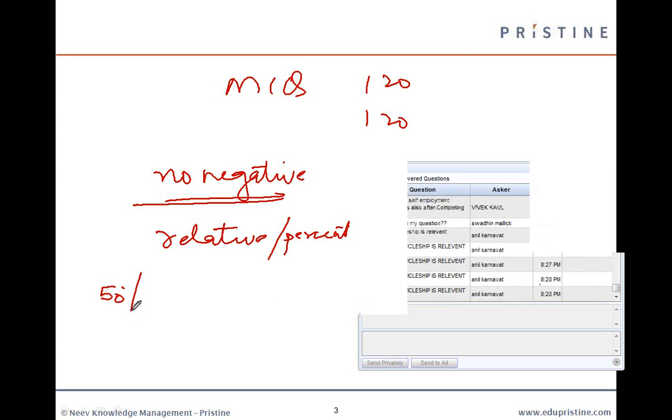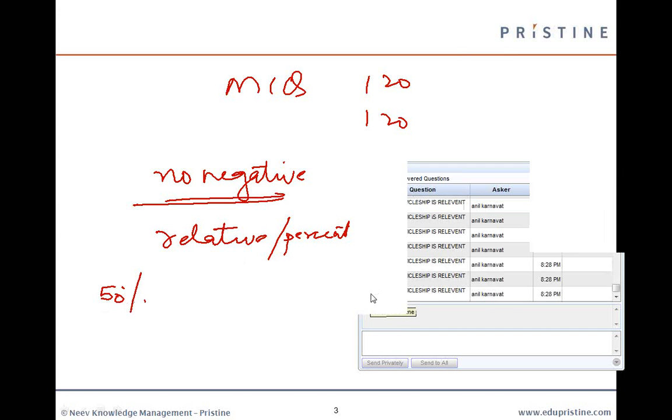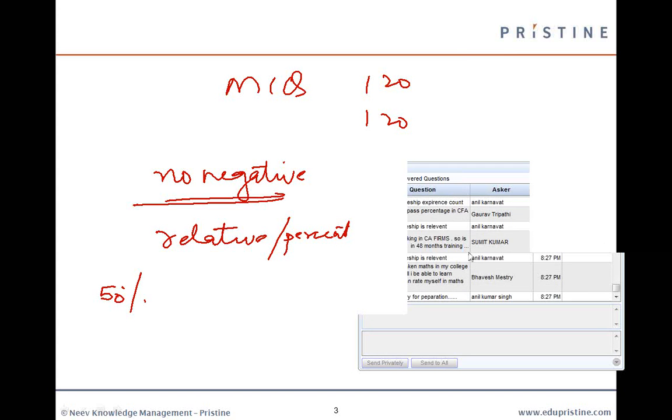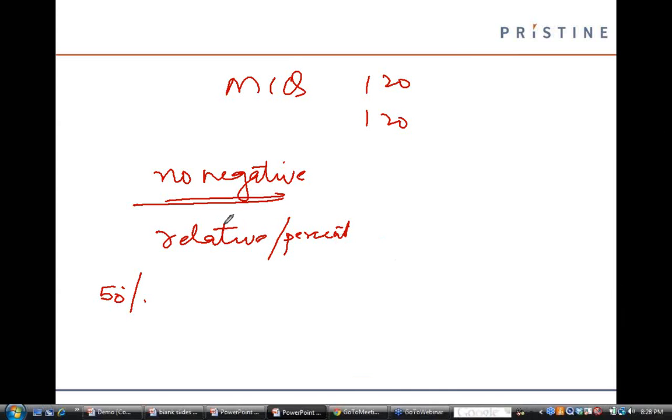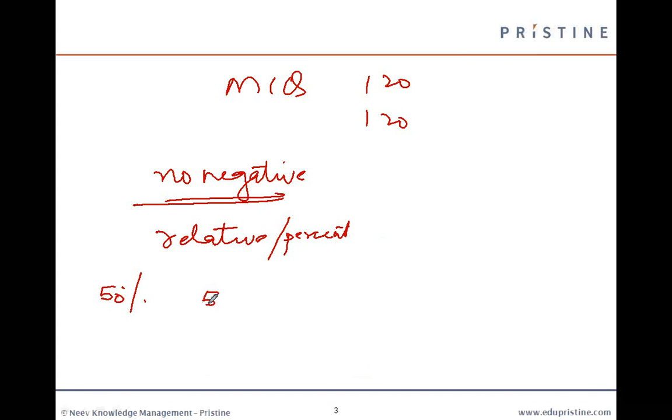Let's say absolute 50%, only those who get 50% pass. So one person who has scored 50% will probably be passed, and one person who has scored 49.5% will be marked failed. That is bad, right?